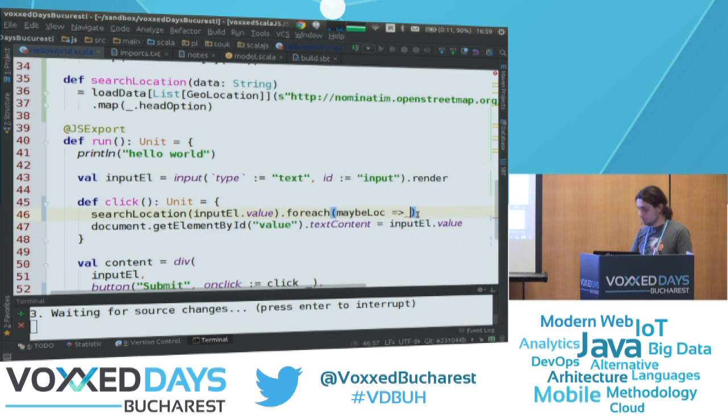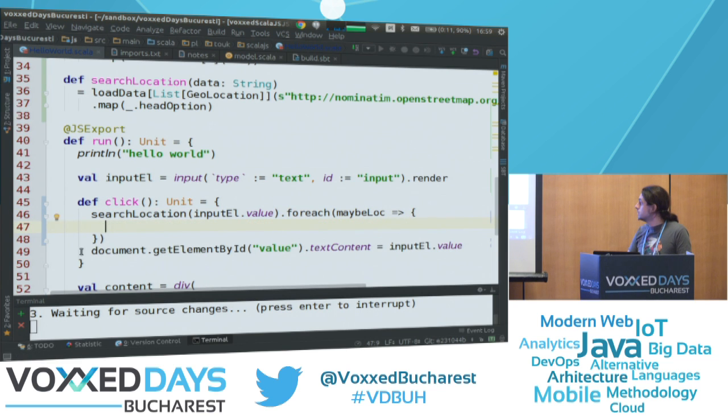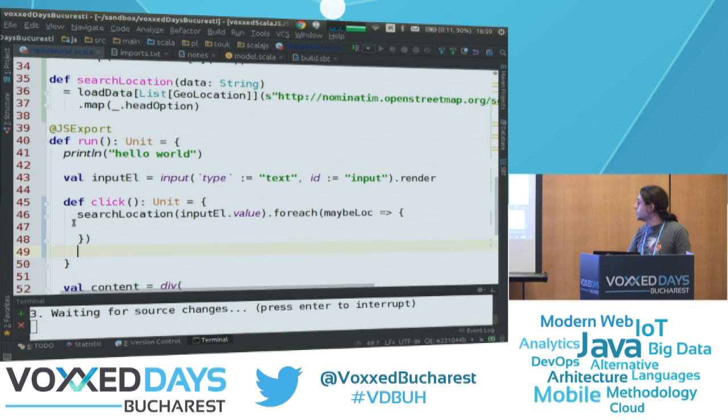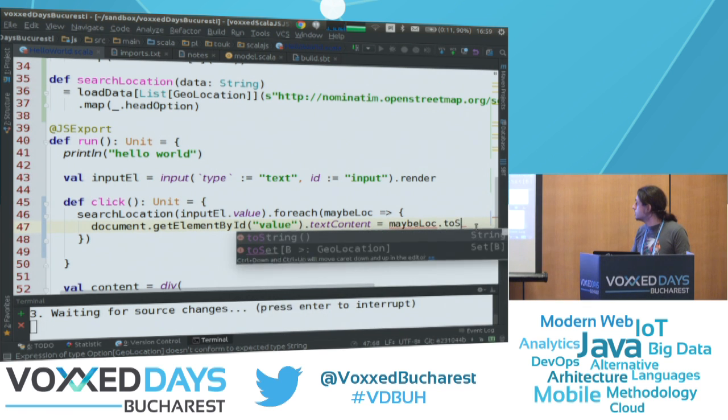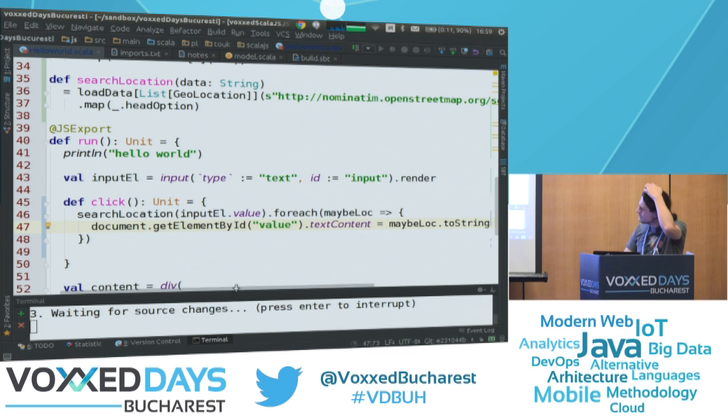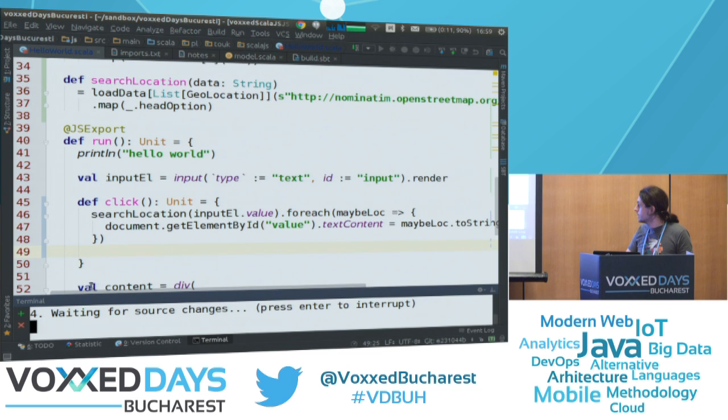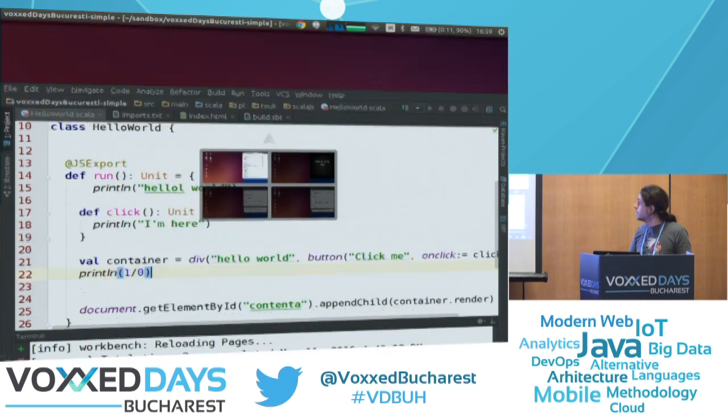Maybe location, and we'll take the element value, and we'll print this location to see if it's really working. For now, we'll just use toString because we don't have enough time and energy to do anything better. So again, compiles. Hopefully, yeah, it compiled.